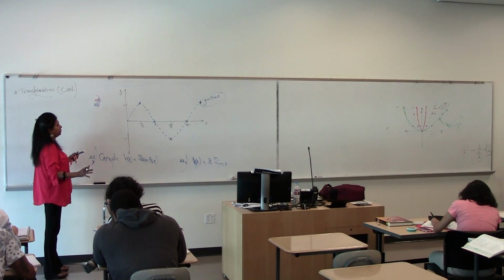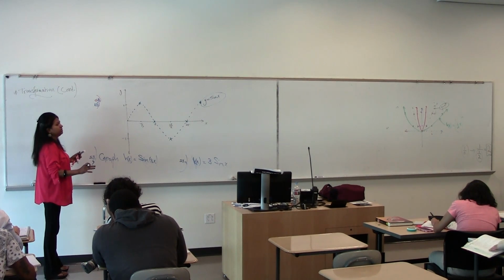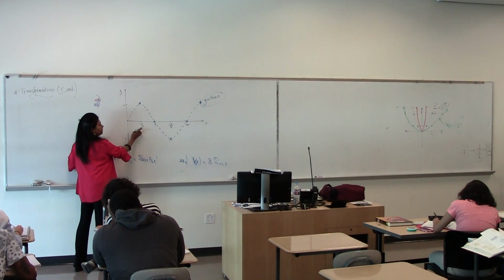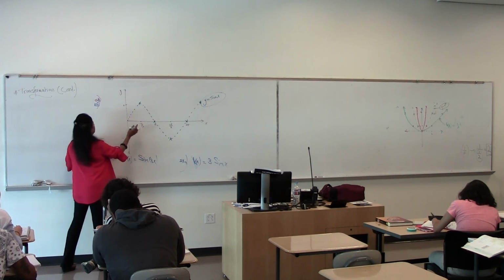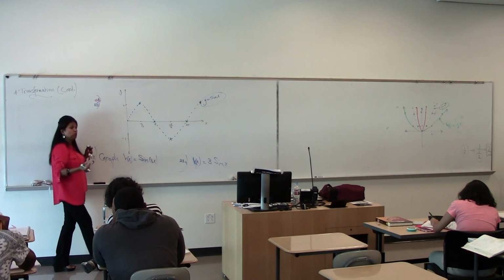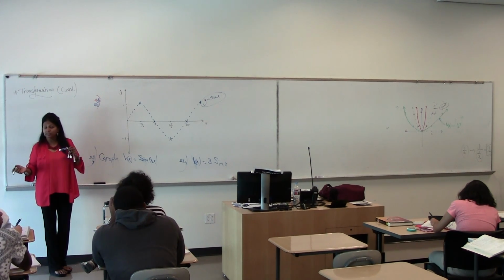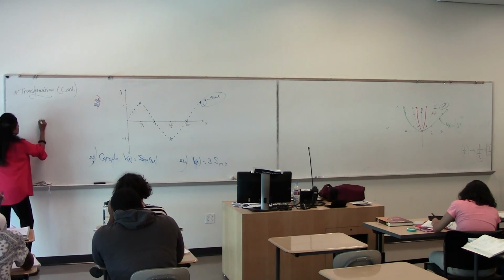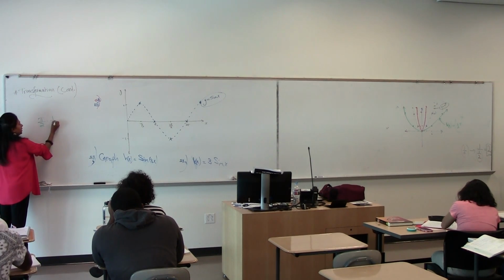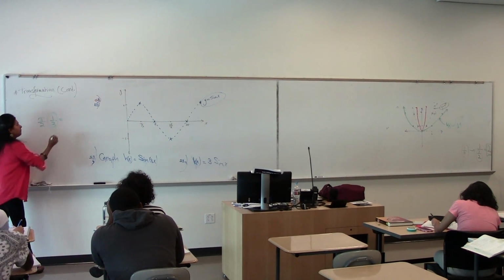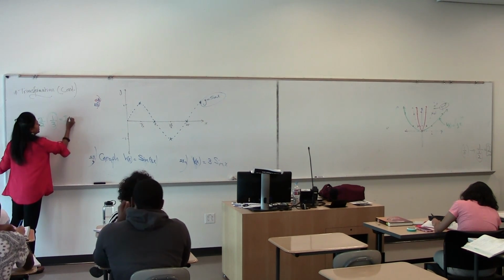The y coordinate stays the same, the x coordinate is multiplied by 1 over 3. What happens to pi over 2 multiplied by 1 over 3? What do you get? Pi over 6.